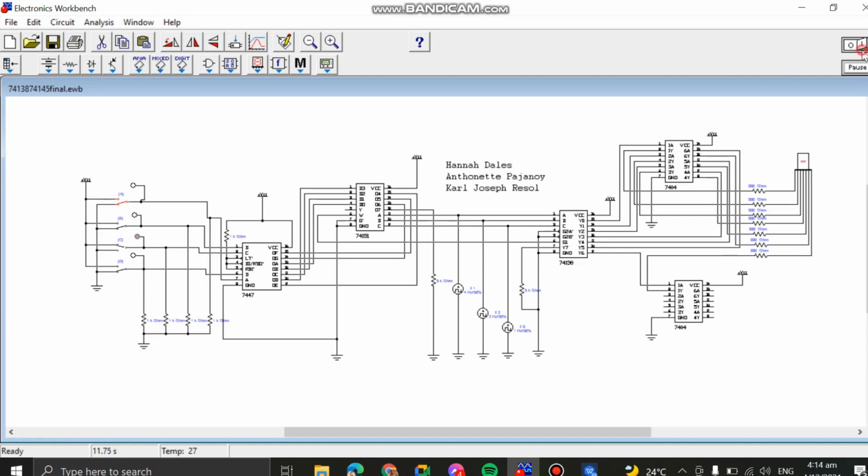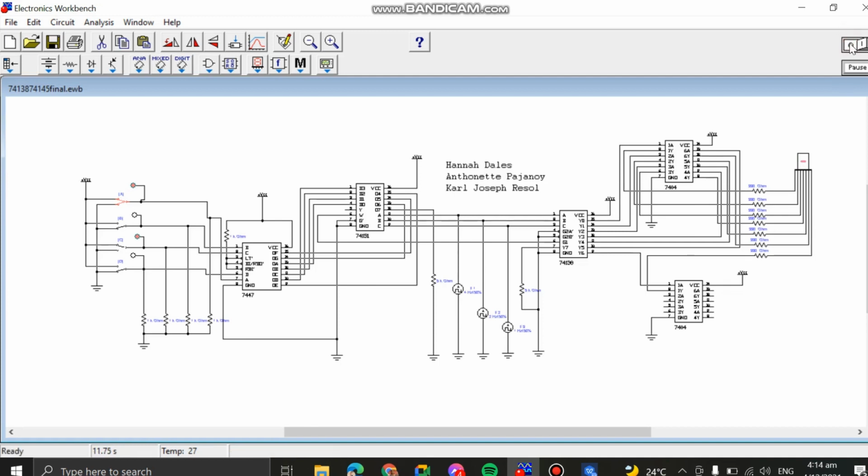For number 5, the high configuration is at letter A and letter C. This is what is going to show in the simulation of the 7-segment display. The active segments for number 5 are A, C, D, F, and G. Next is number 6.